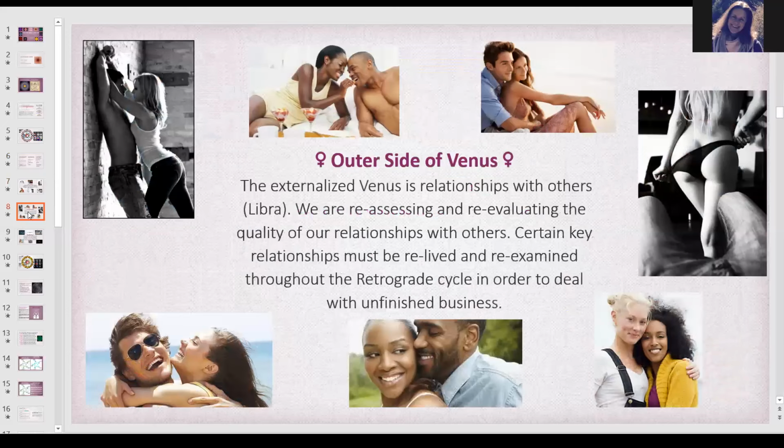The outer side of Venus, the externalized Venus, is relationships with others, Libra. We are reassessing and reevaluating the quality of our relationships with others. Certain key relationships must be relived and re-examined throughout the retrograde cycle in order to deal with unfinished business.